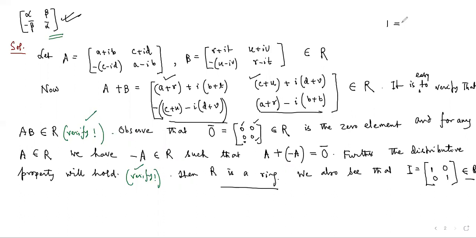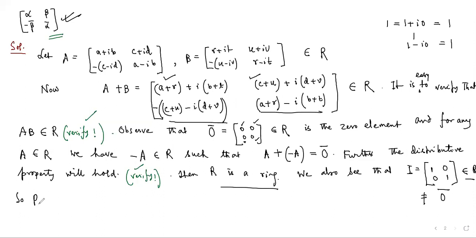Because the identity element can be written in the following manner: 1 plus i0, and its conjugate is 1 minus i0, which is equal to 1. So this identity element exists in the set R, and it is not equal to 0. So this ring is a ring with identity not equal to 0.